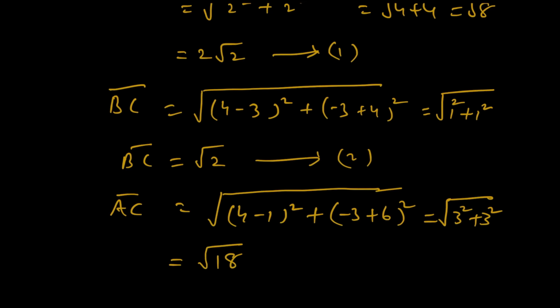Square root of 18: 9 into 2 you can write. Square root of 9 is 3. So 3 root 2 it is.